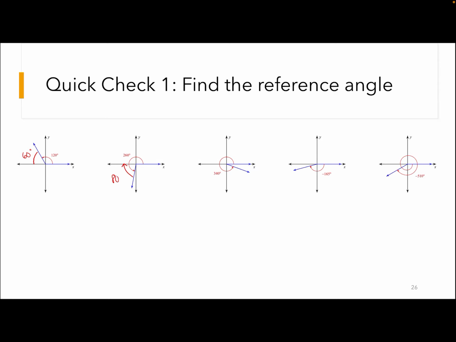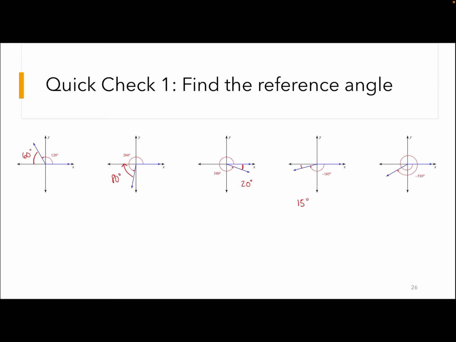So that's going to be 80 degrees. For 340, our reference angle is right here. That's going to be 20 degrees. For negative 165, you can ignore the negative, and we're just doing 180 minus 165. That's going to be 15 degrees.